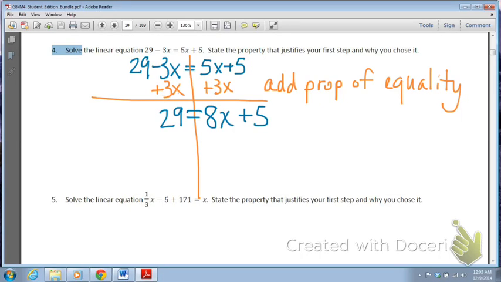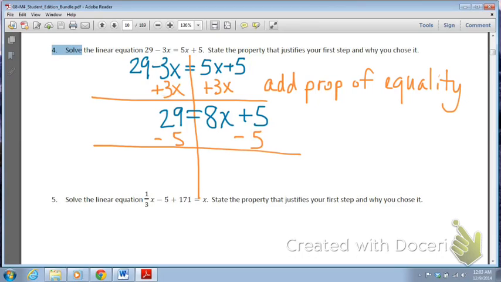Okay, now I want to move the 5 to leave the x term by itself. So the way we're going to do that is to subtract 5 from both sides. Let's be consistent and use blue.